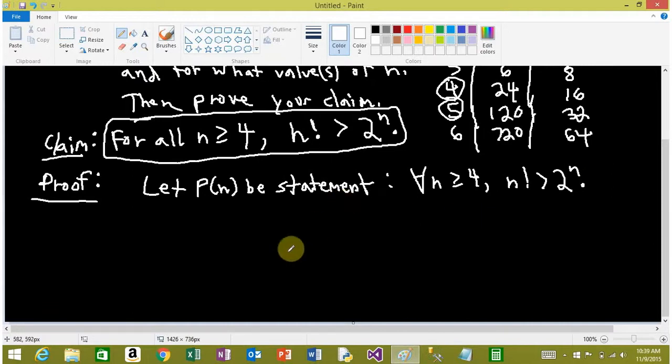And we can abbreviate this, right? Because for all means the upside down A. And what is our first value? This time it's not going to be 1, because we're used to doing 1. Our first value is where the inequality begins, and it's at n equals 4.